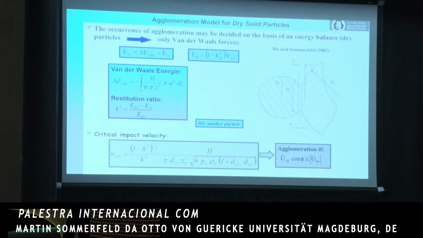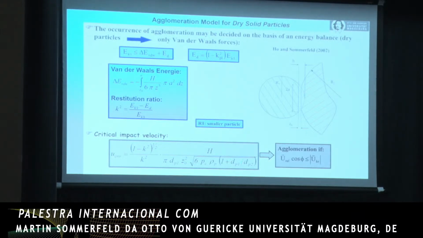Adding additional parameters, as I said, you need a calibration of the model. So here you have this minimum contact distance, which was taken to be 4 angstrom. Then you have also this yield pressure. So these are the two main constants. And of course, you have the Hamaker constant and the restitution.